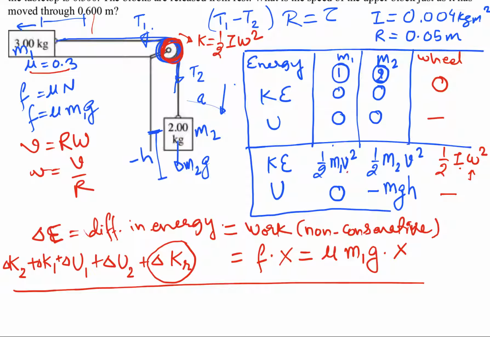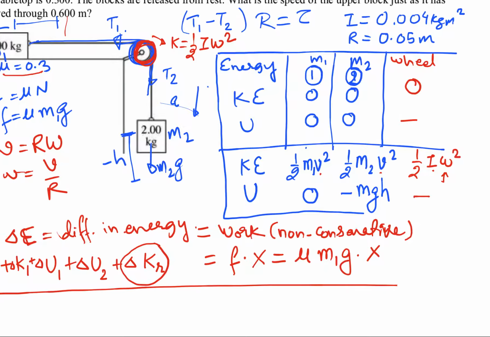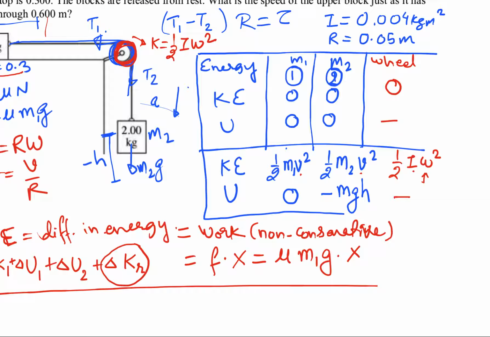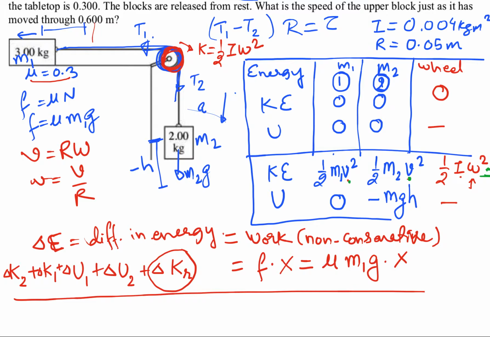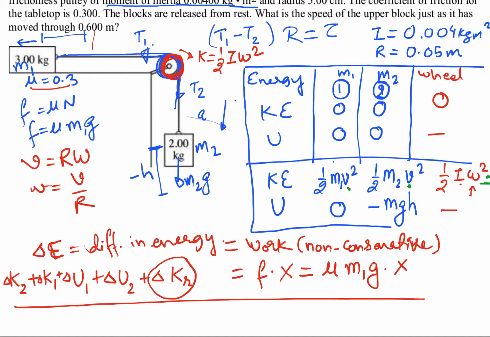You have the same velocity here and there, and over here, half I omega square, with omega equal to v over r, is going to be v square over r square. There is a v, there is a v, and there is a v. We will take that common factor out and then work it out. This is a hint, so hopefully you can solve this.